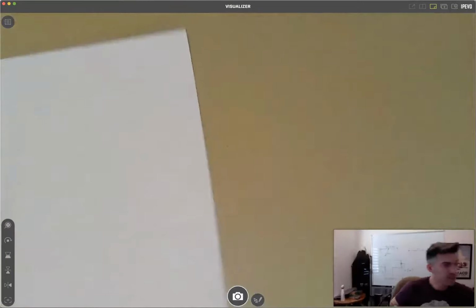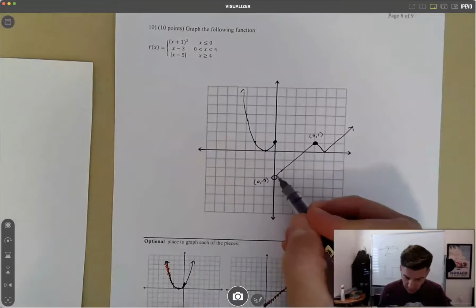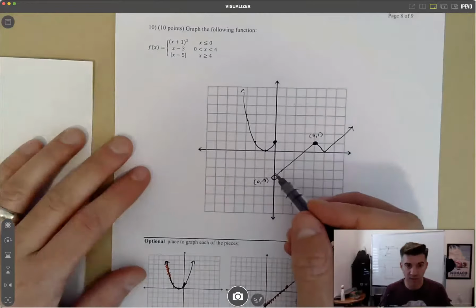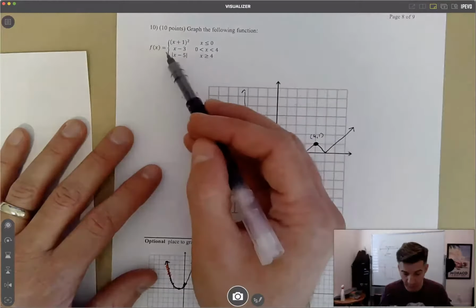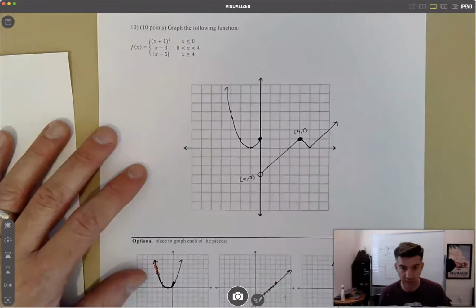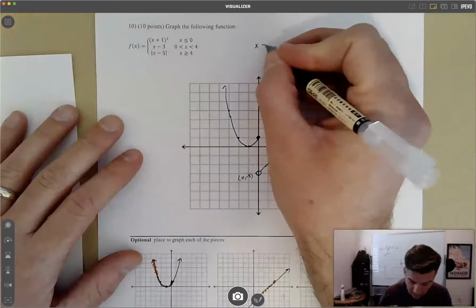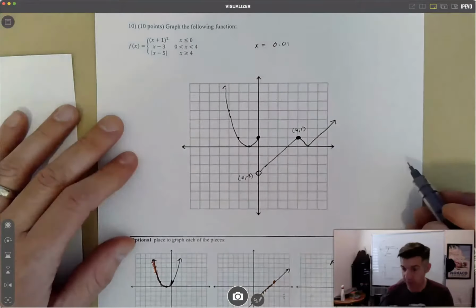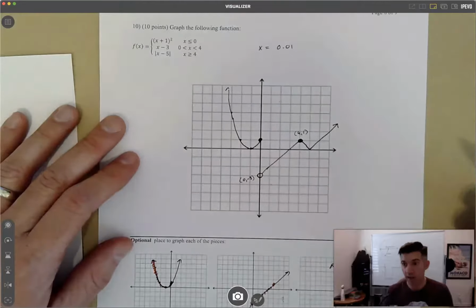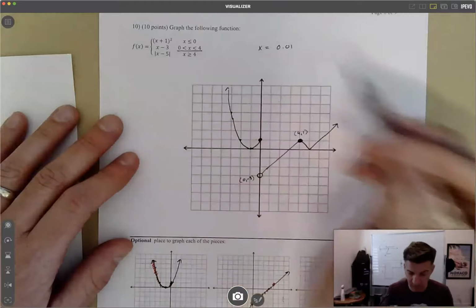The open circles, definitely. So we have an open circle here because we don't actually ever get the point 0, -3. If x were to be 0, 0 minus 3 would give us -3. But x can only be really, really close to 0. So like x could be 0.01, well, that's between 0 and 4. And I'm going to use this piece of the function since x is between 0 and 4.